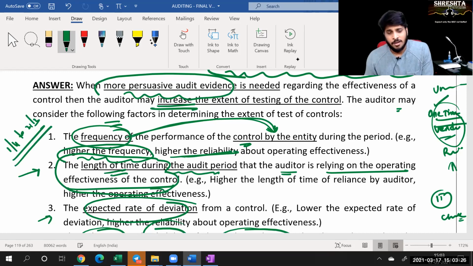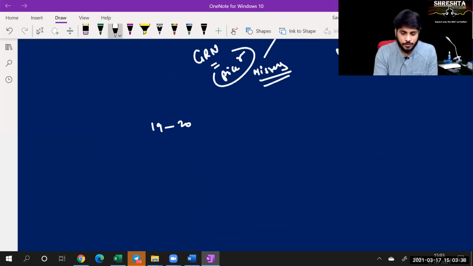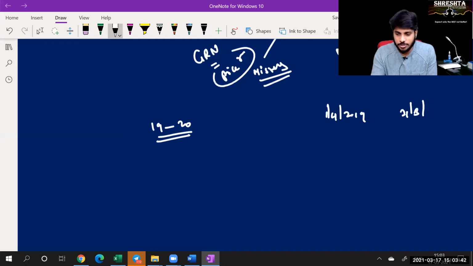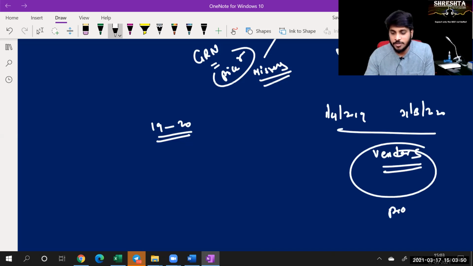You verified the internal control manual, how the control is working, when the control was designed, when it was implemented effectively. Suppose, for example, you are doing the audit of 1st April 2019 to 31st March 2020. You are looking at vendors, procurements, purchase related. And for vendors, there is a process which is followed by the management.